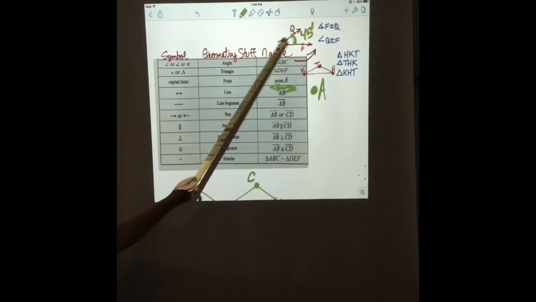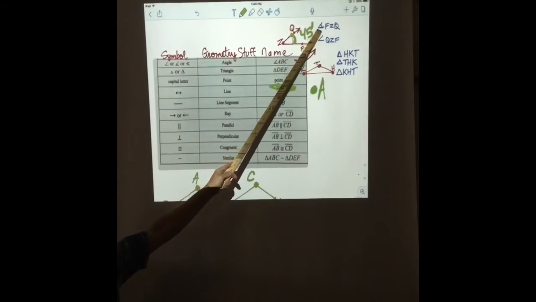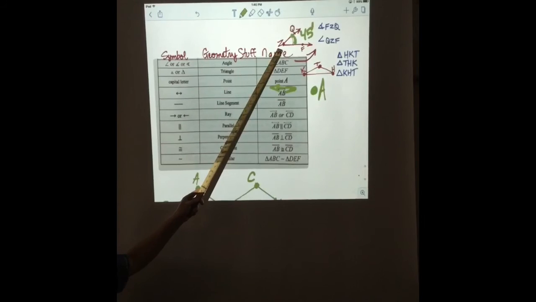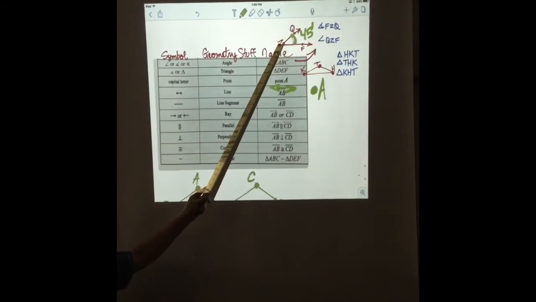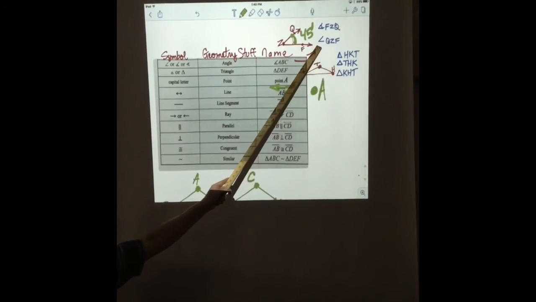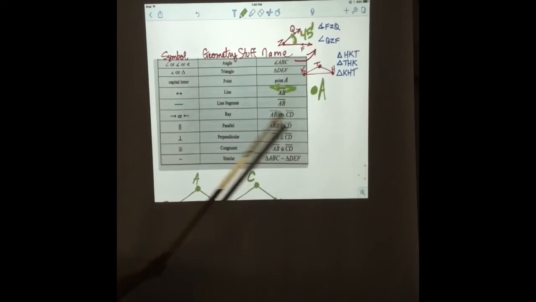We would call it angle, see the angle symbol in front, angle FZQ. Notice the Z is your vertex. That's always in the middle. Or it could be QZF. There again, the vertex is in the middle and your symbol for angle goes before it.